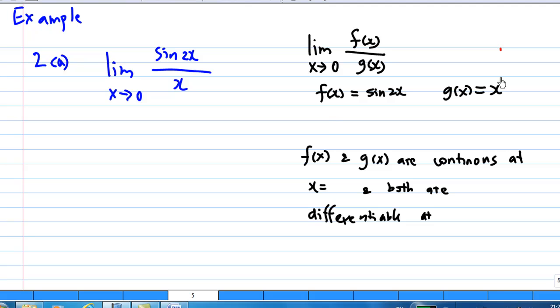If we evaluate the functions, I have f(0) equal to sine 0, which is 0, and g(0) is also 0. So we are getting an indeterminate form 0 over 0.